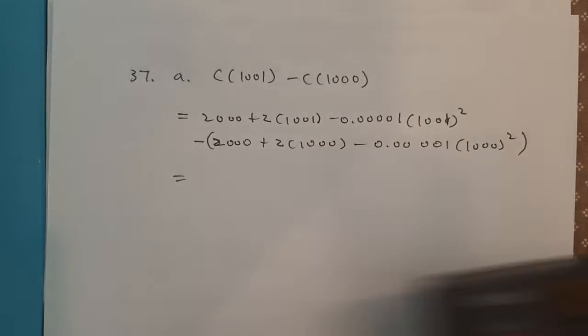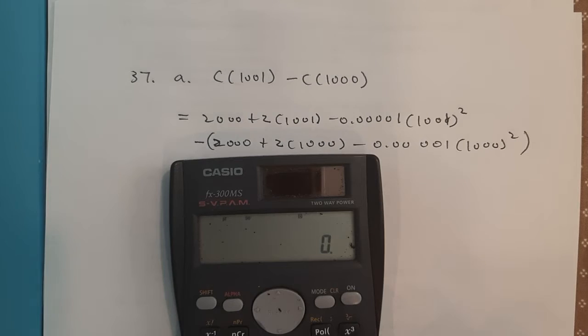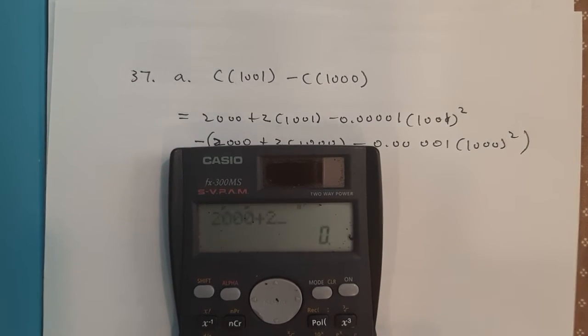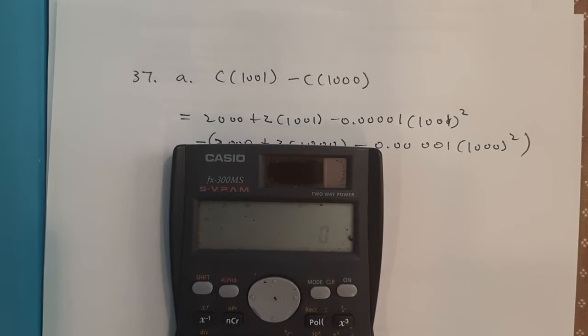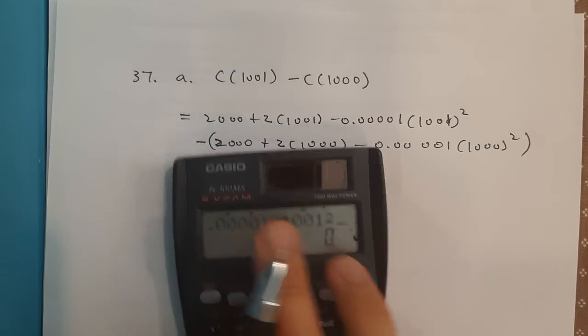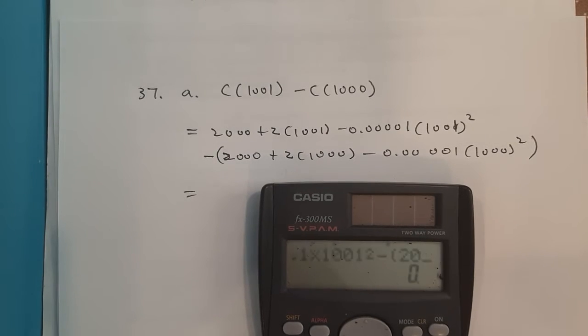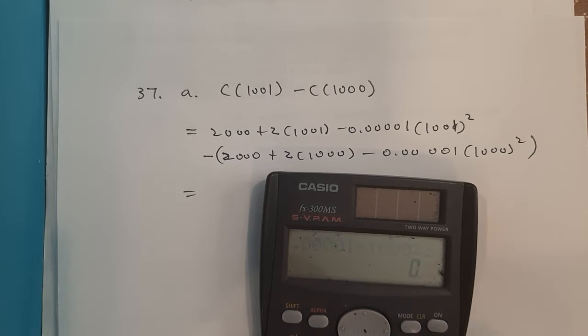equals, plug into your calculator, and then we put a minus sign and then parentheses, 2000 plus 2000 minus 0.00001 times 1000 squared.